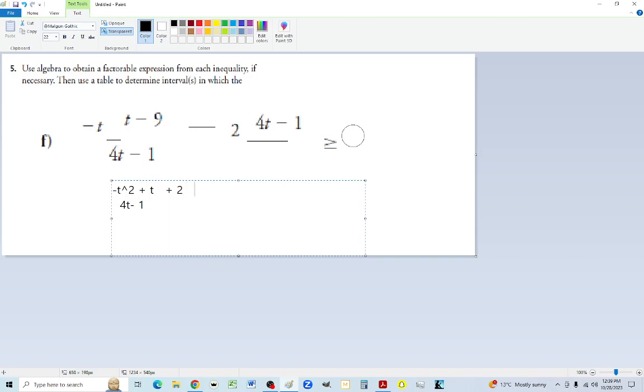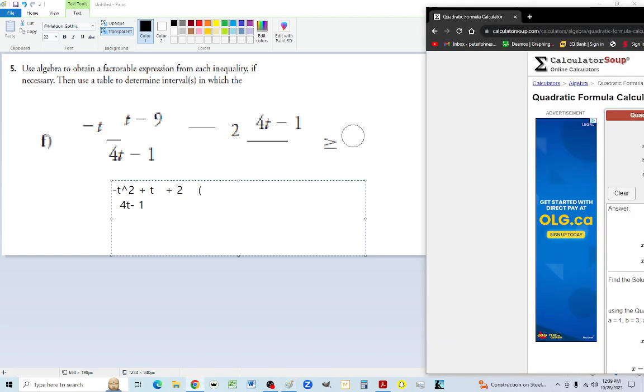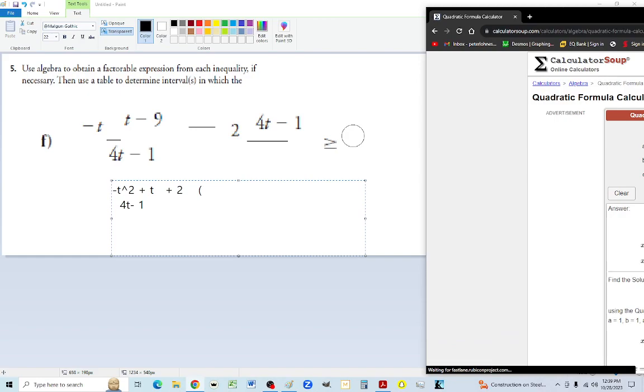And the top, we got 1, 1, and 2, which I don't think is solvable either. Yeah, imaginary number.